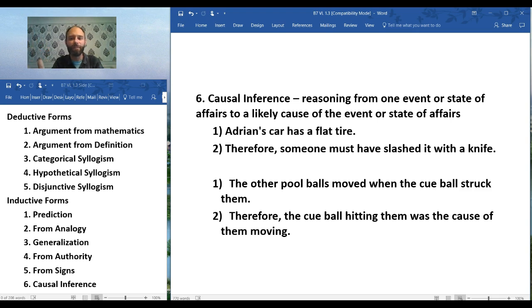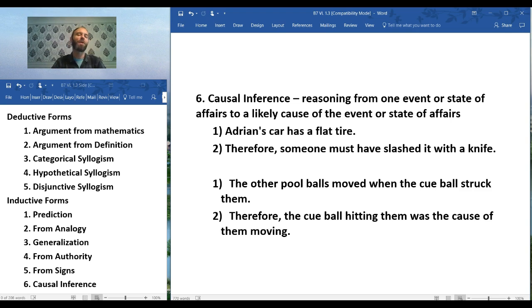If that's even an open possibility, then what we're dealing with is an argument that's trying to show probable cause, not definite cause. It approaches but doesn't get to the level of certainty we would need for a deductive argument. So causal arguments will always be inductive arguments.